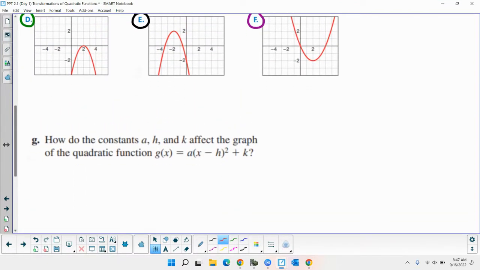Okay? The H makes it move which way? Right or left? The K makes it move up or down. Okay? So let's do that. We'll do H, right or left. K, up or down. And what's the A do? The number. The A could reflect, or it could, well, let's do a different color.